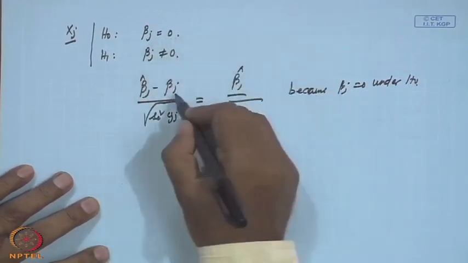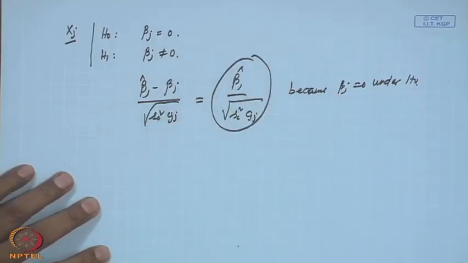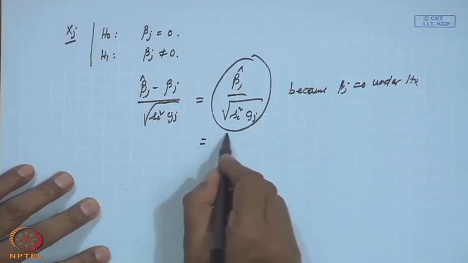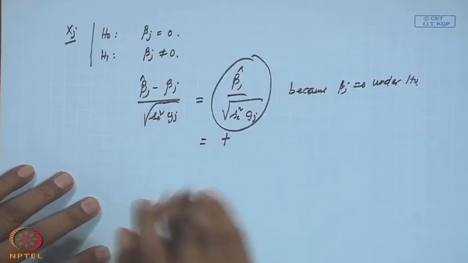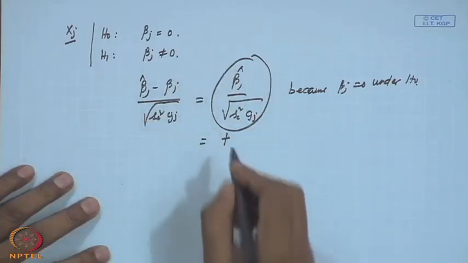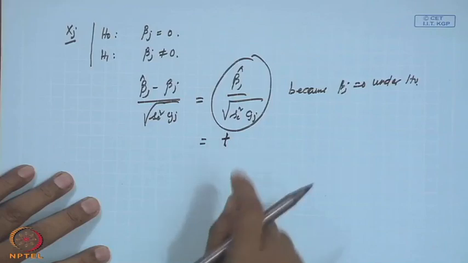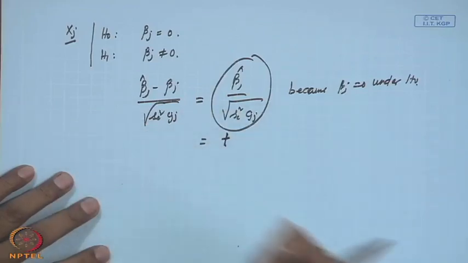So, you are putting the beta j value as 0. This is the t value you find in any software. If you run it, you get an output in which you will find a table of individual parameters, then the standard error, then t values.